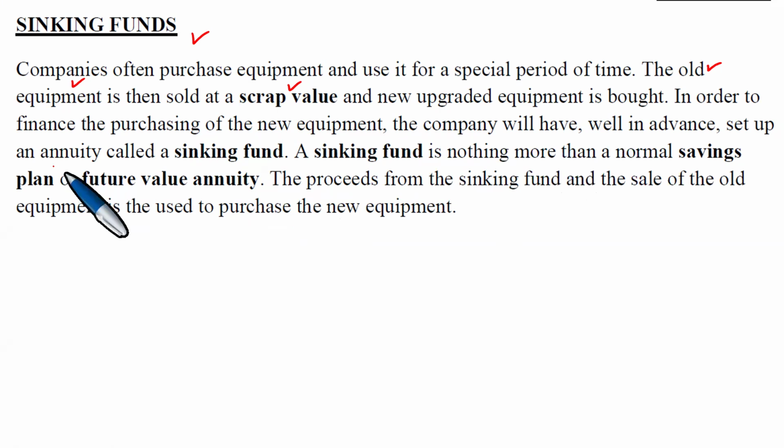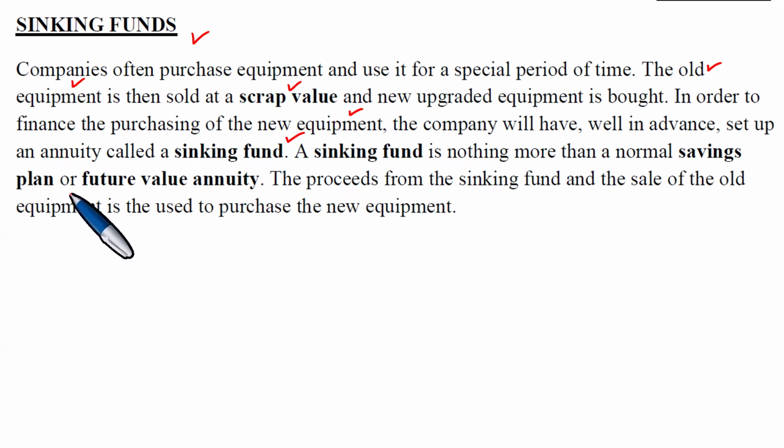In order to finance the purchasing of the new equipment, the company will have, well in advance, set up an annuity called a sinking fund.